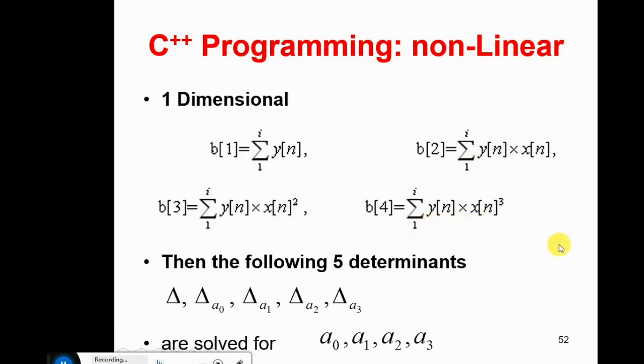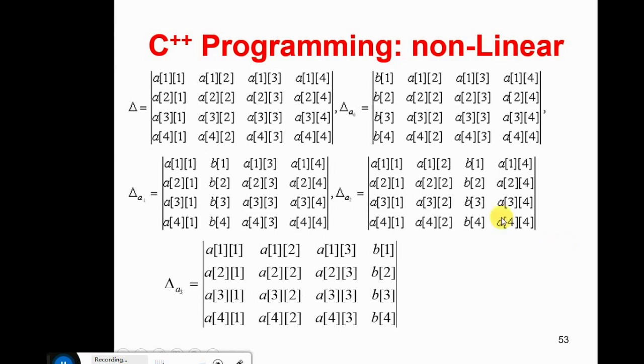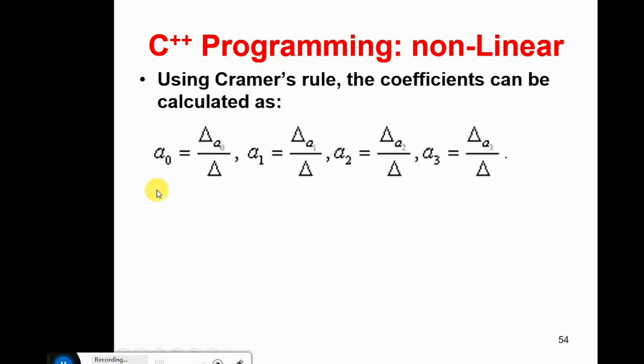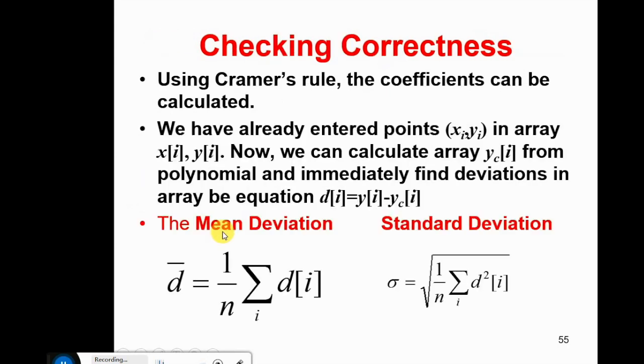So once you work out this, you can use Cramer's rule for finding del, del 1, del 2, del 3 and so on. From these del values, you can find out A0, A1, A2 and A3.